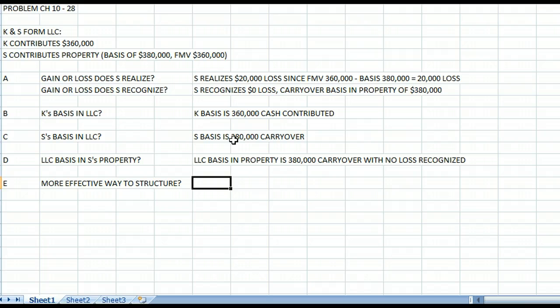And then our last question says, are there any more effective ways to structure these entities?